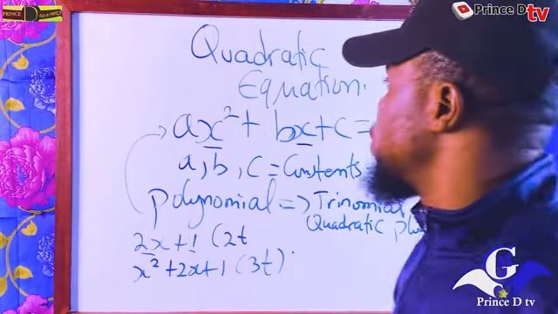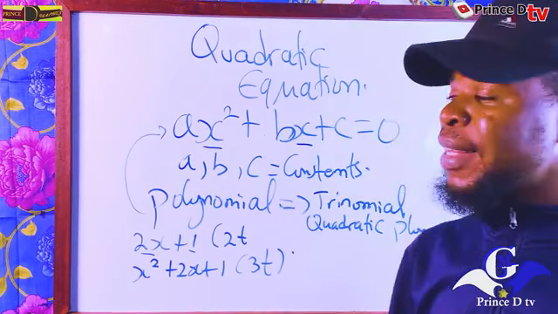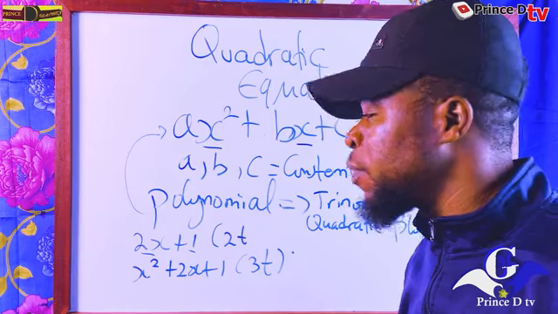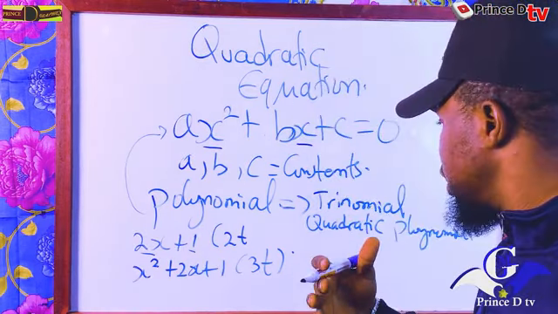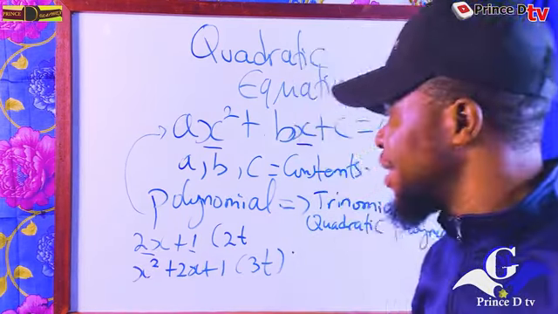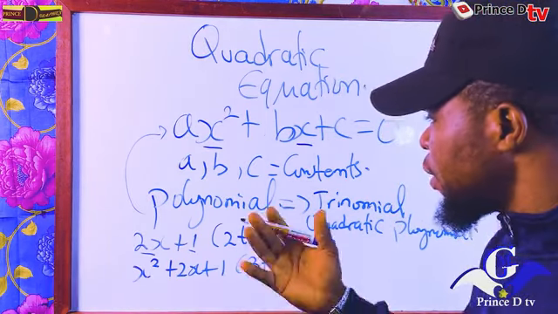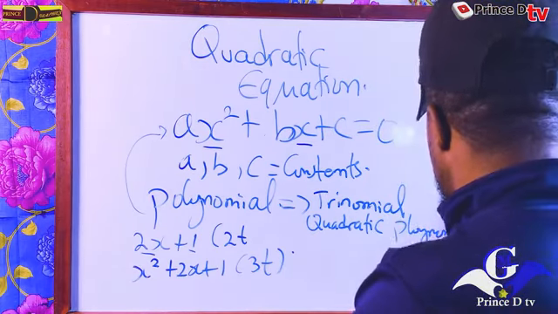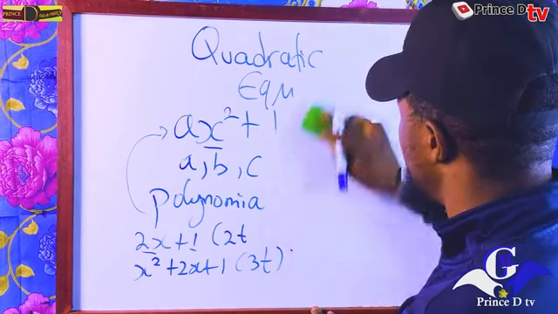So like we said earlier, our main concern is the quadratic equation. It is that type of polynomial. We call it a quadratic polynomial or a trinomial having 3 terms. All right, having said that, let's look at the general form of a quadratic equation.